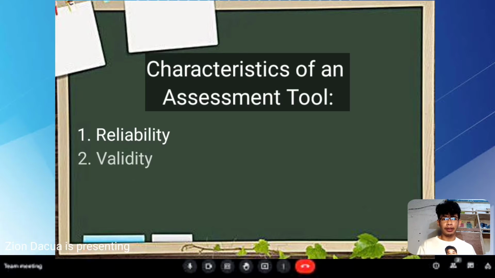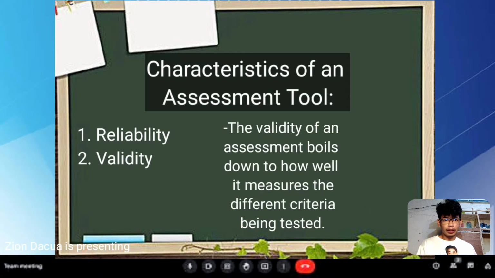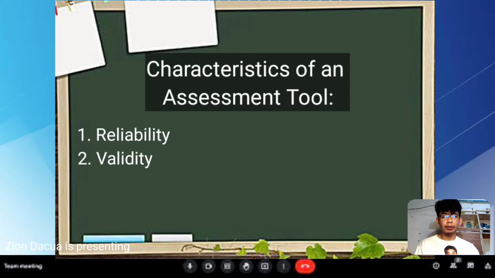Next, we have validity. Validity of an assessment boils down to how well it measures the different criteria being tested. In other words, it is the idea that the test measures what it intends to measure.